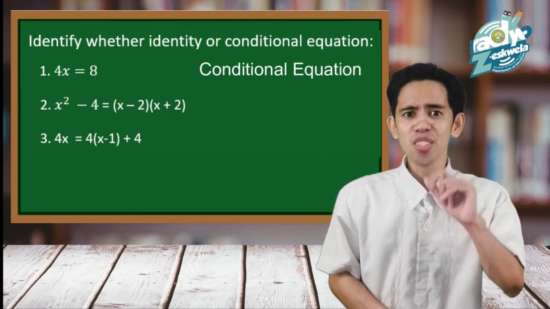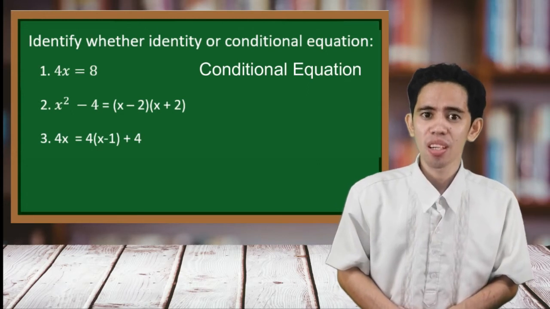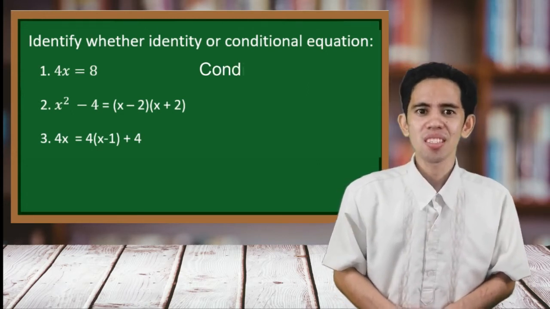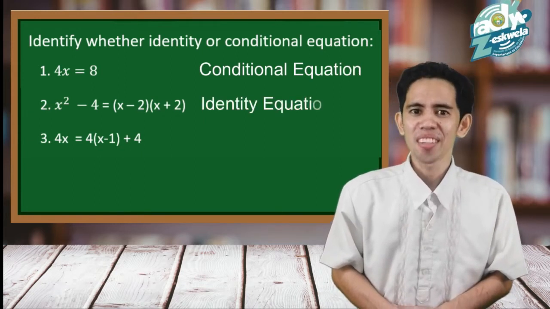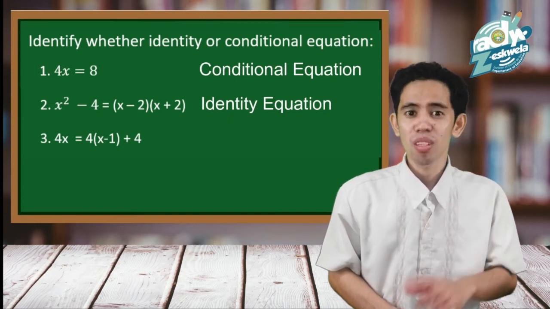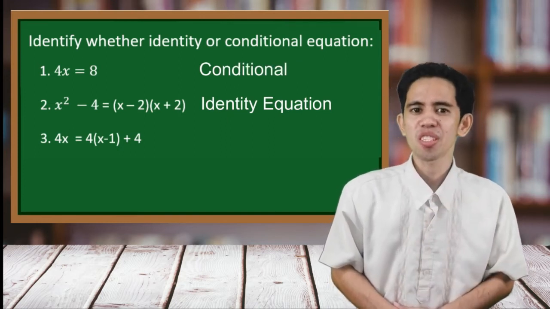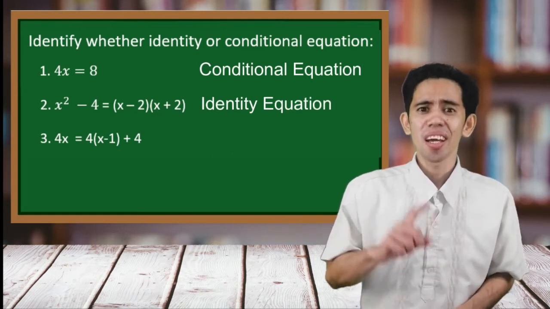By simplifying the right side of the equation, that is x squared minus 4. Since they are equal, then that is an identity equation.